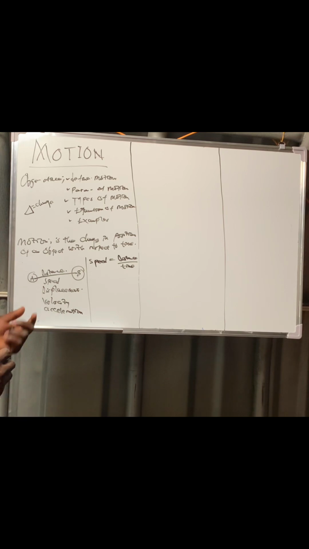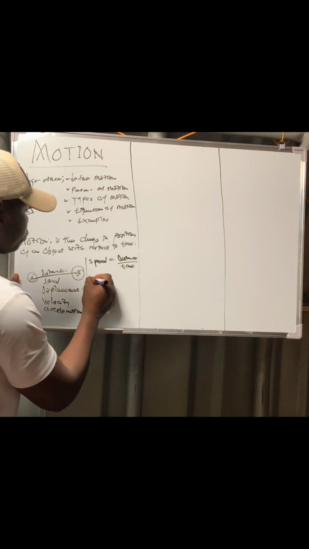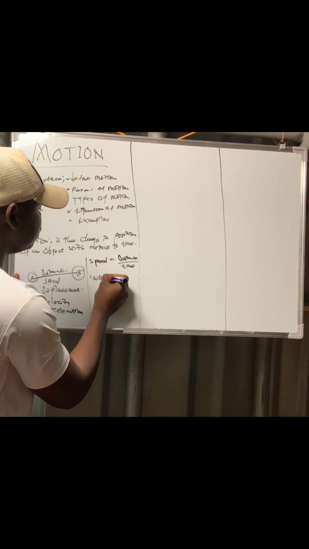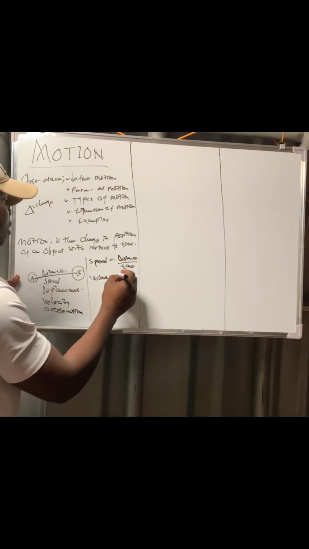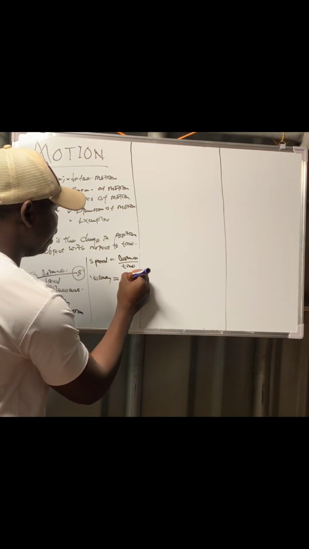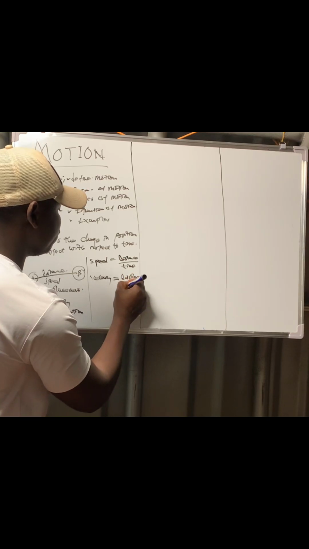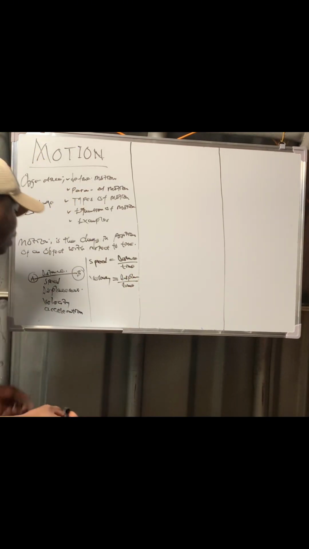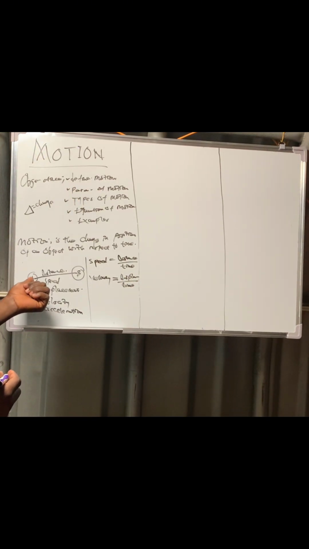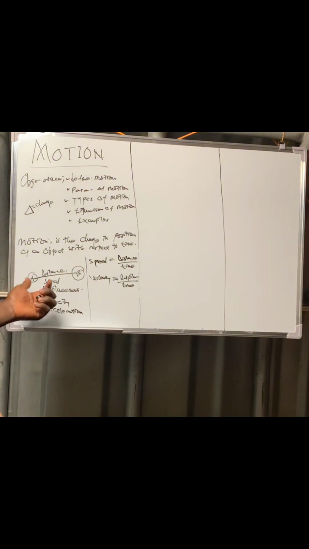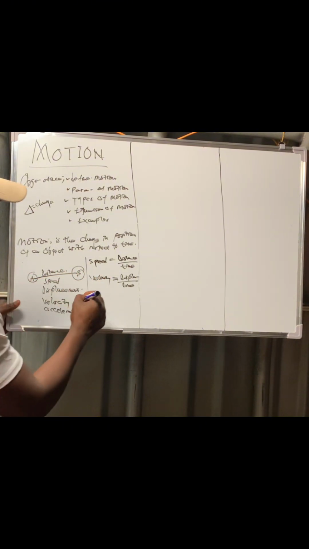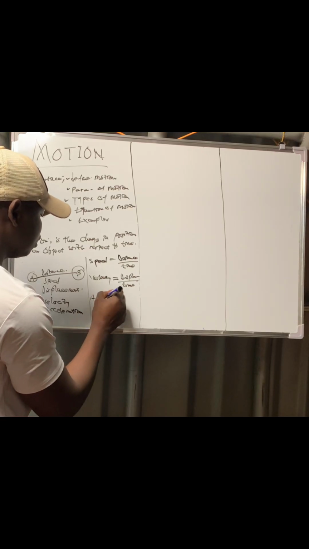Let's look at velocity. Velocity is the displacement of the object with respect to time. That is the total straight line path covered by this object to move from point A to point B. Let's look at acceleration.